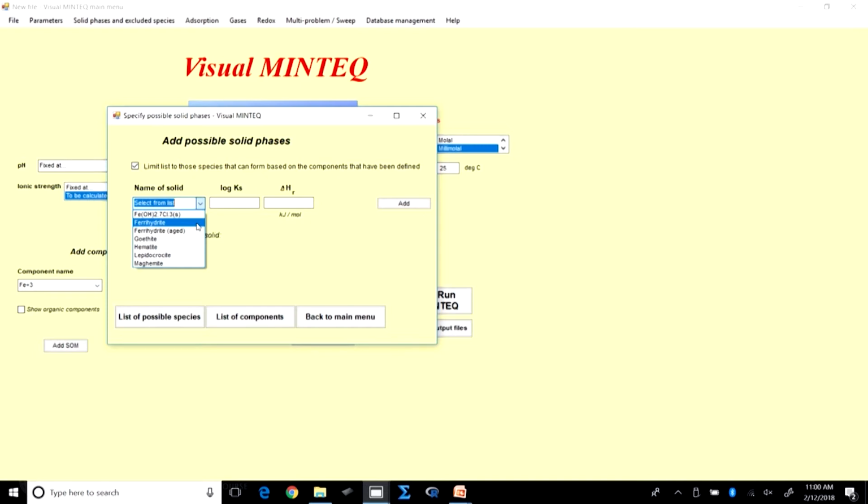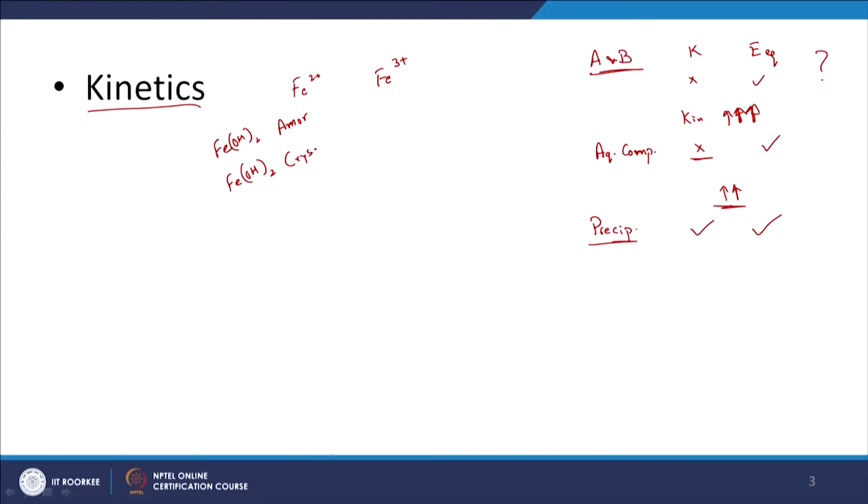So why do I need to know what kind of solid is predominant in my solution? Because of the relevant equation. Let us say I have solid Fe(OH)3, dissociating into Fe3+ and 3OH-.